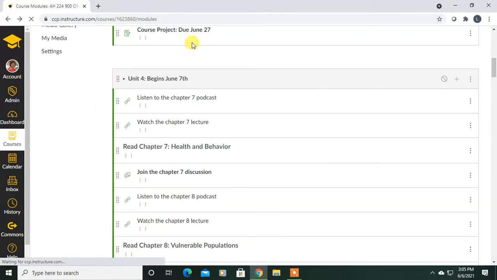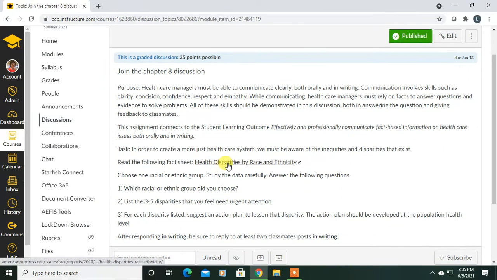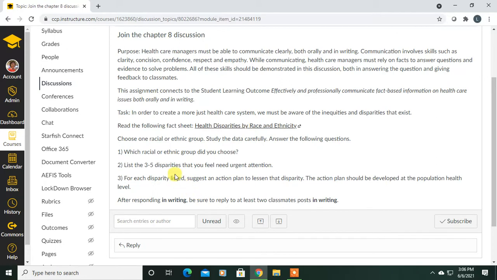The next discussion is about the healthcare disparities that we see in the United States. You have a fact sheet here that you're going to read. You must read it carefully, then choose a racial or ethnic group on this fact sheet, and then study the data.